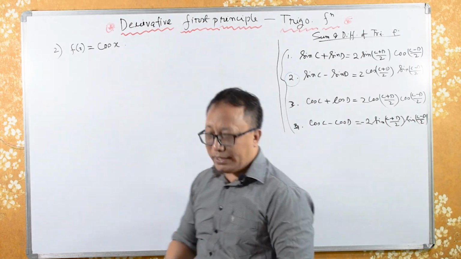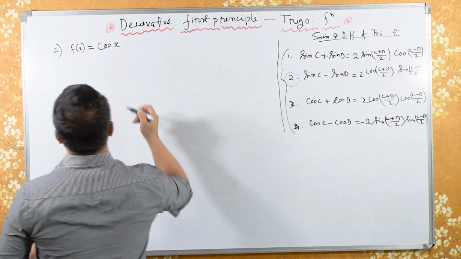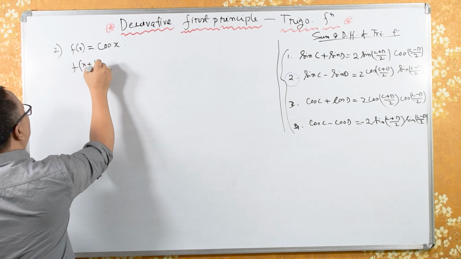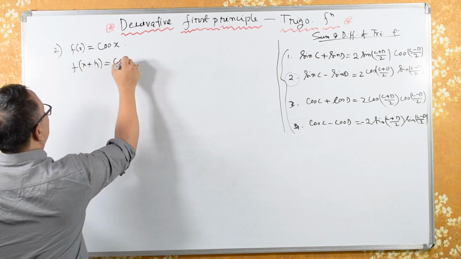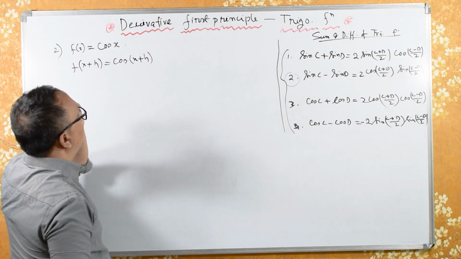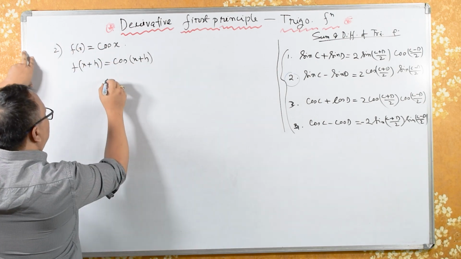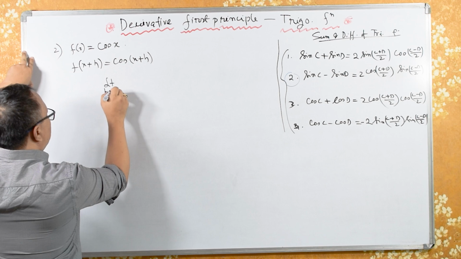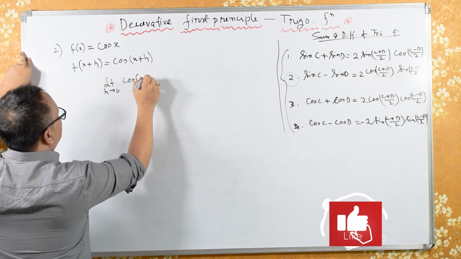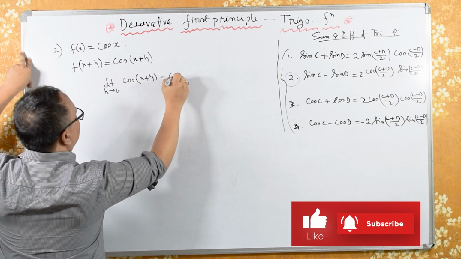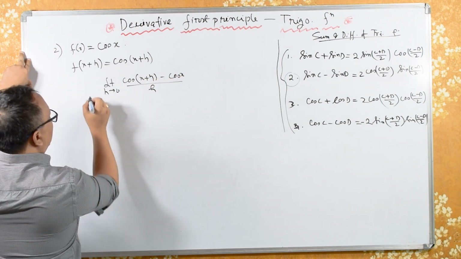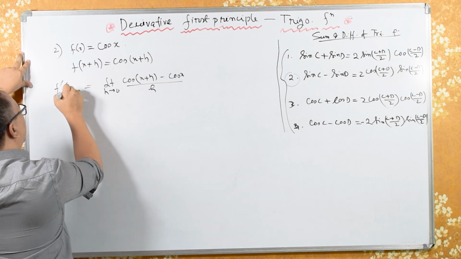From there we will get the answer. Now f(x+h) will be cos(x+h). By first principle, we have the limit as h tends to 0 of cos(x+h) minus cos x upon h. This is your f'(x).